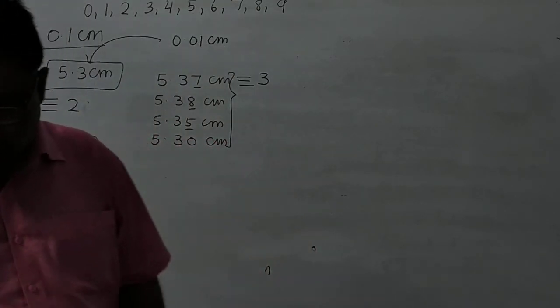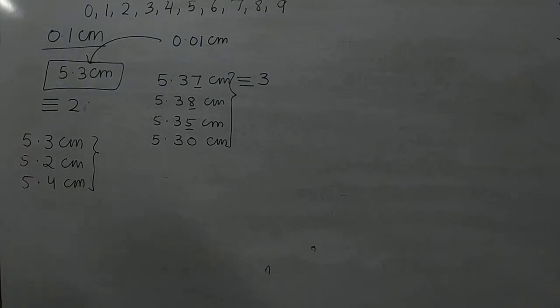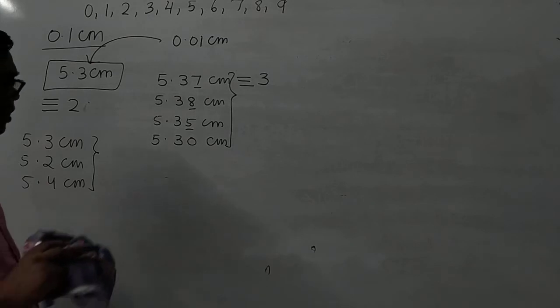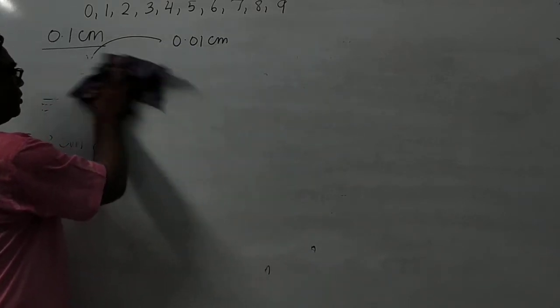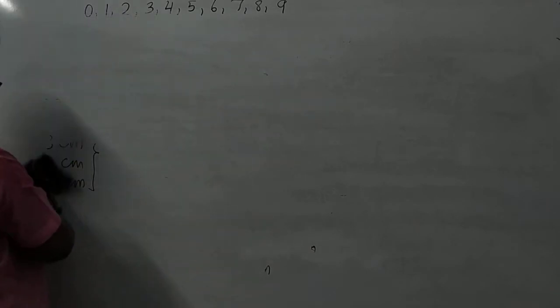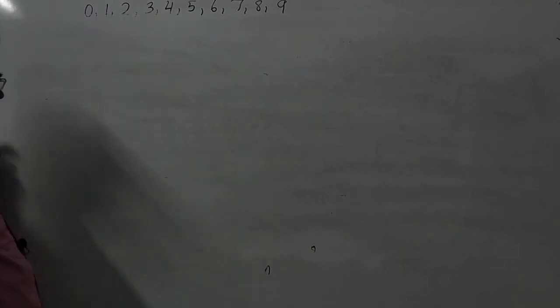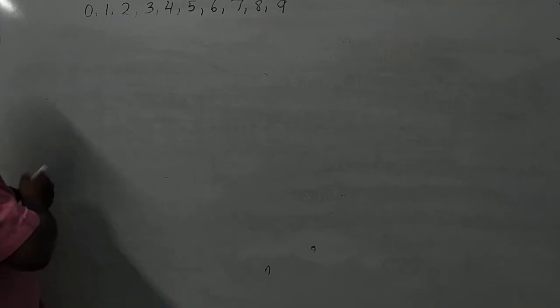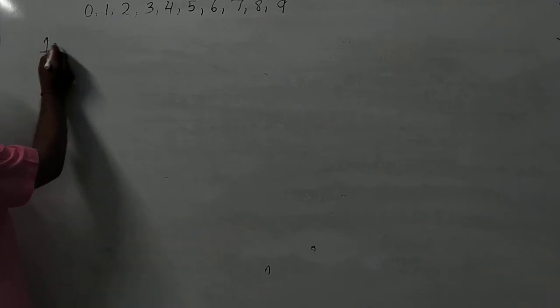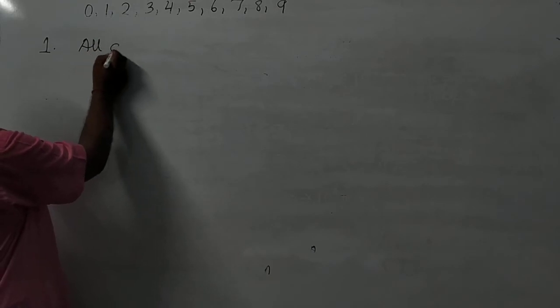Now, after this, how will you determine the number of significant figures? There are certain rules for determining significant figures. Number one: all the digits obtained in the measurement are considered significant.